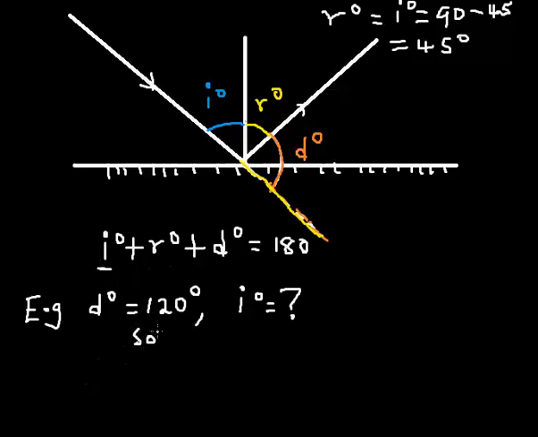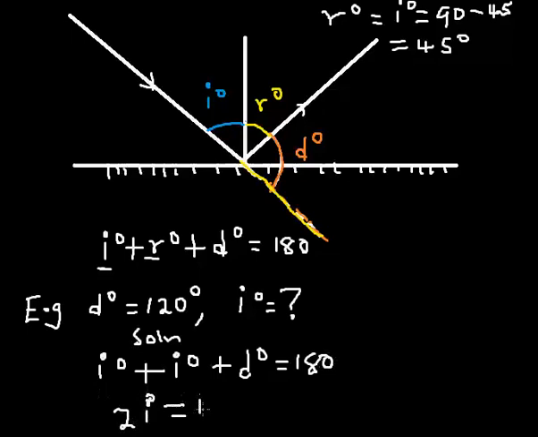Solution. Angle of incidence is what I'm looking for, right? Don't forget that the angle of reflection is also equal to the angle of incidence. I can still represent that by I, then plus the angle of deviation, everything is equal to 180. I plus I will give me 2I, so I'm having 2I equal to 180 minus the deviation.